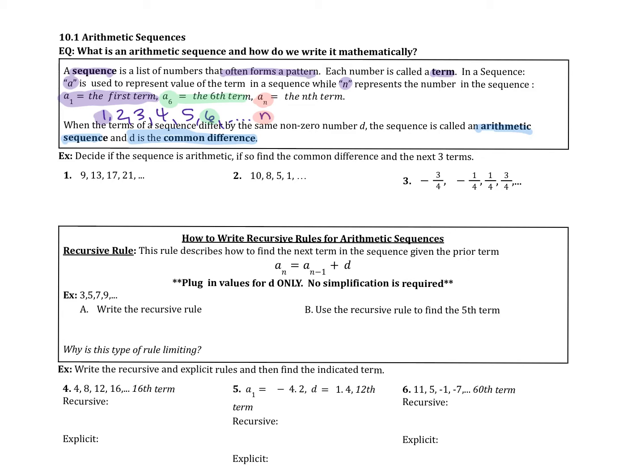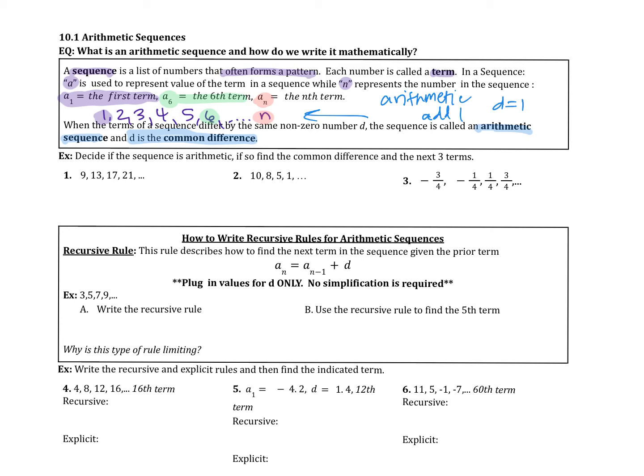So this pattern that we just actually have up here is an example of an arithmetic sequence, because the pattern is that we are just adding 1. Every time to get to the next term, we add 1. As long as that number is the same, we can say that that number is our D value and that the pattern is arithmetic. So let's just look at a couple examples, make sure we understand this vocabulary.